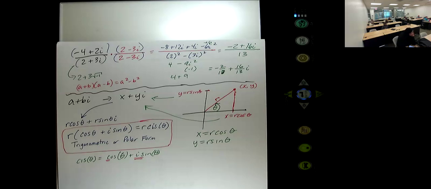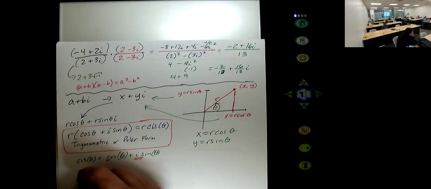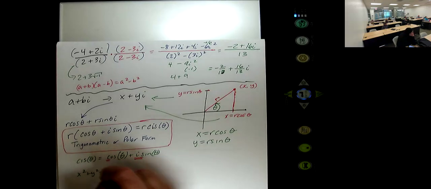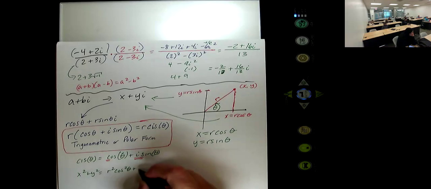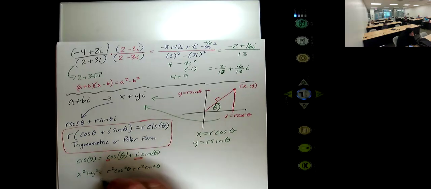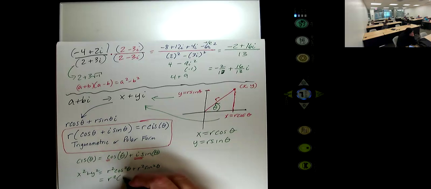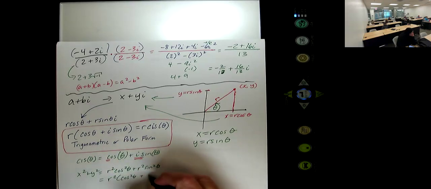We have seen that when we did x squared plus y squared, which is r squared cosine squared theta plus r squared sine squared theta. We get r squared times cosine squared theta plus sine squared theta.